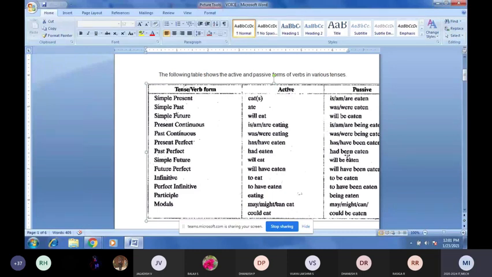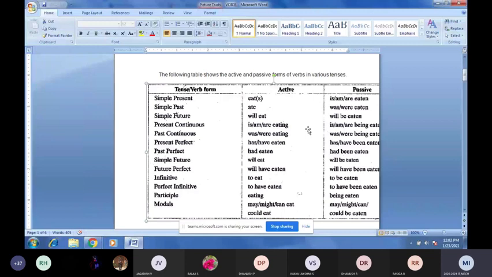If you do it repeatedly, you will be able to remember all of those. Still, if you have a doubt, you can ask me, because this is the base. With this only you can write the correct sentence. Otherwise you'll change the sentence, like interchanging subject into object, object into subject, and adding by, etc. It's very simple, you can easily do it.